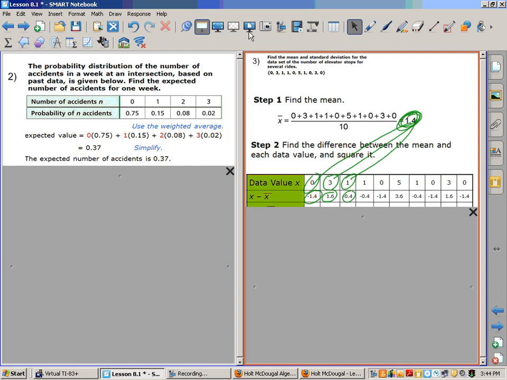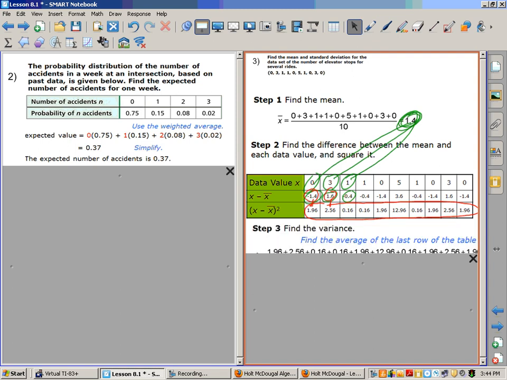Instead, I want to square those numbers first. If I square this negative 1.4, I get 1.96. Squaring gives me all positive numbers. Once I have all those positive numbers, I want to find the average of those, and this tells me the variance. That average, sigma squared, is my variance of 2.64.